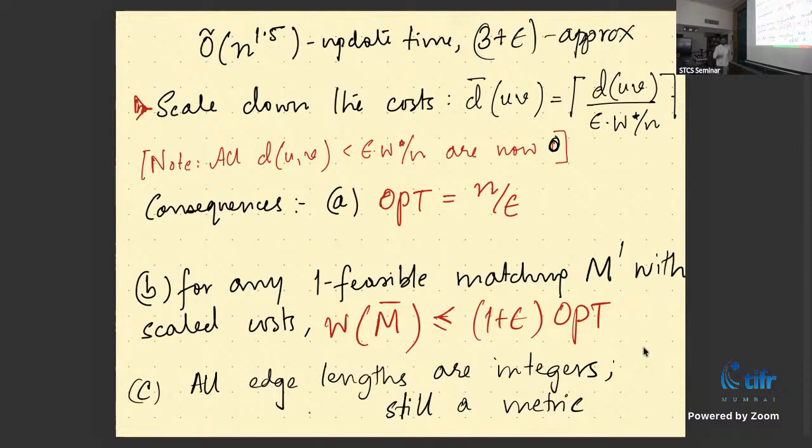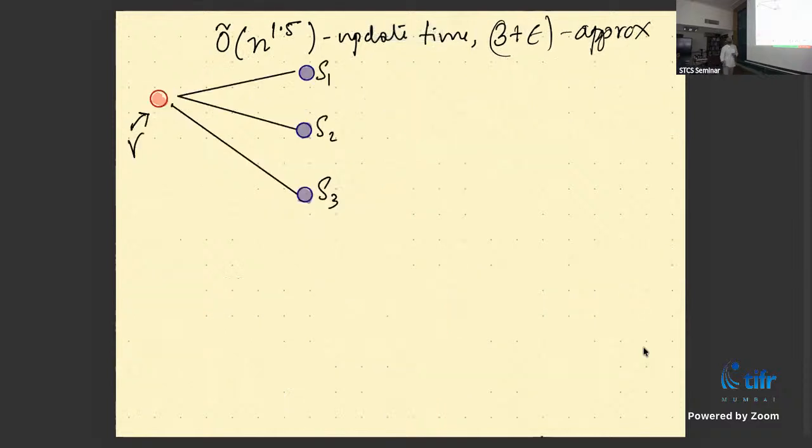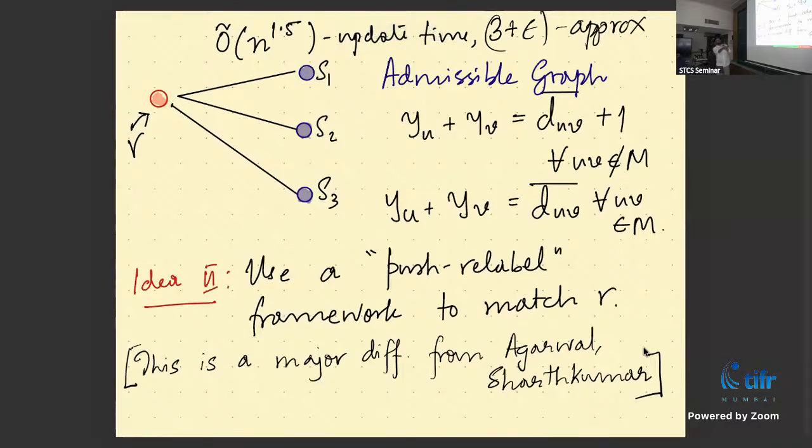Okay, so assuming that we have such a graph, here is our algorithm. Let's say this new request has arrived. What I look at is what I call the admissible neighborhood of this request. What is an admissible neighborhood? Right now, of course, this is not part of the matching, so all the edges in the neighborhood are not in the matching.